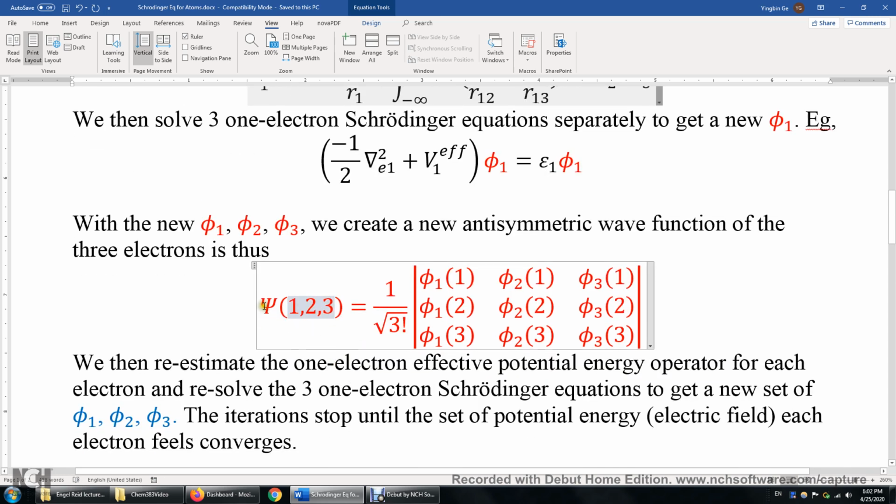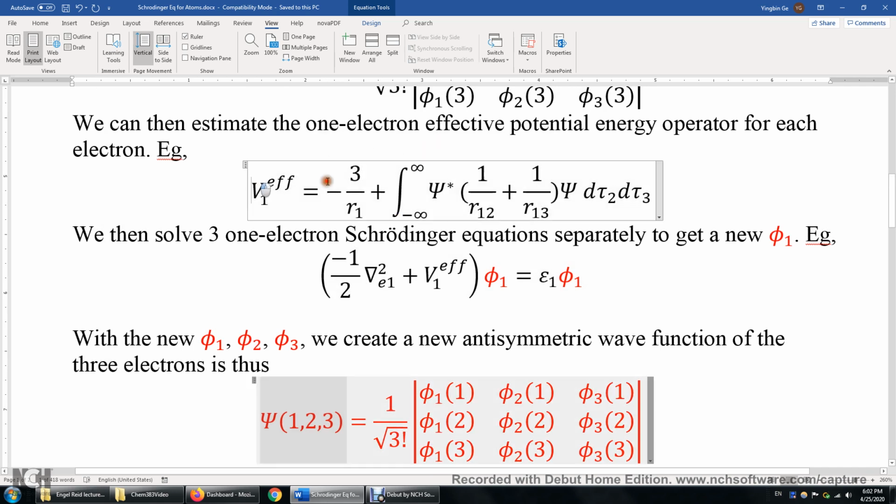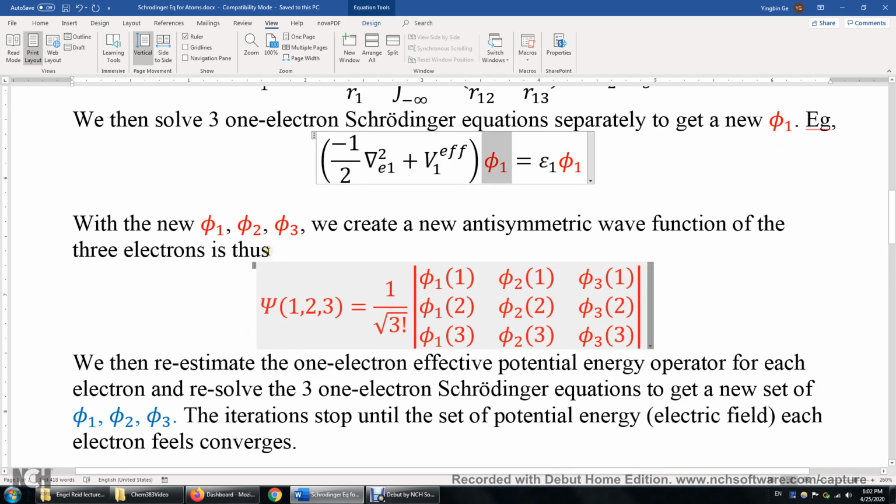And then once we have this new psi, we can again evaluate the 1 electron effective potential energy operator by doing this. This time we need to use the new psi here and here. And then we'll get a new effective potential energy operator. We plug it in here, we get another new phi1, phi2, and phi3.